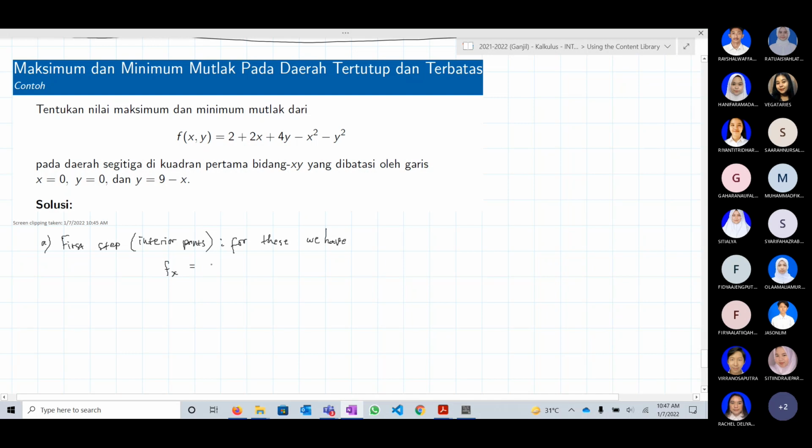So fx is 2 minus 2x. We must make it equal to 0, and fy is equal to 4 minus 2y, that is also equal to 0. From here, we have that the critical point is (1, 2).